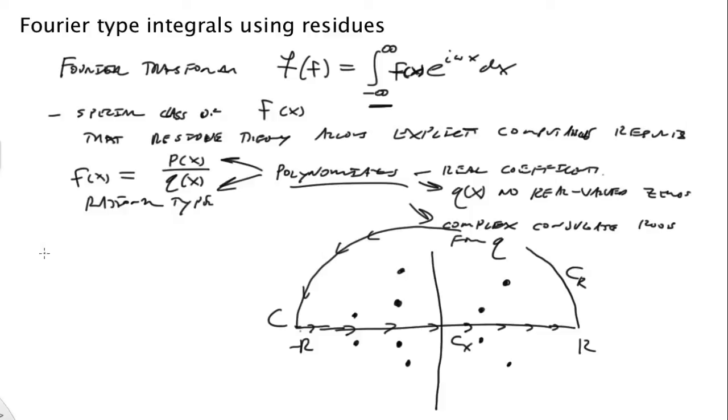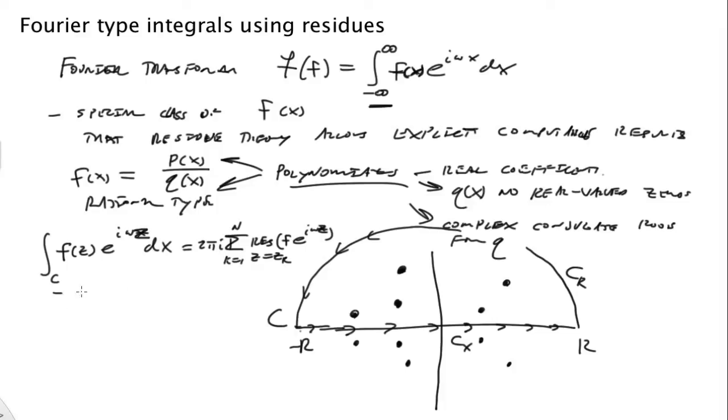What we know from this is that the integral over the contour C, which encloses all of those roots in the top half of the plane, of f of z times e to the i omega z dz is going to be equal to 2 pi i times the sum of all the residues of f of z e to the i omega z, where z equals z_k for all of those singular points in the top half of the plane.